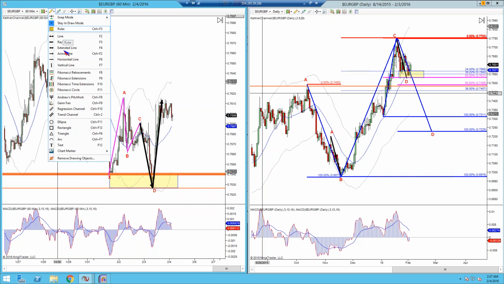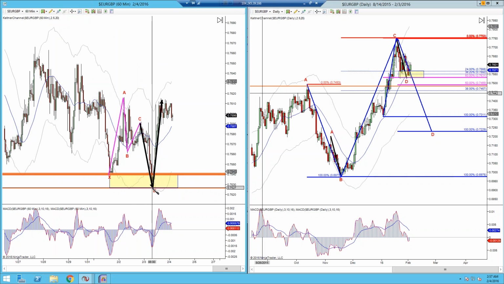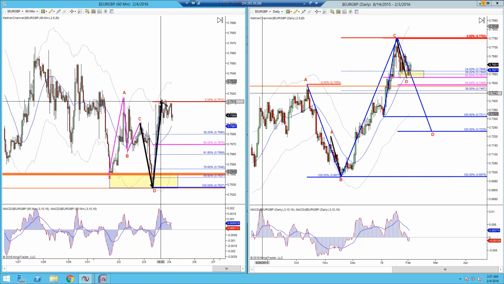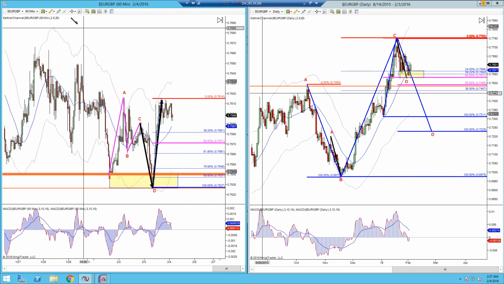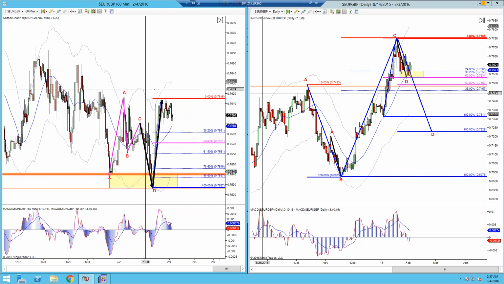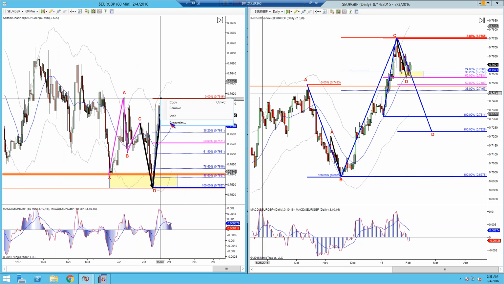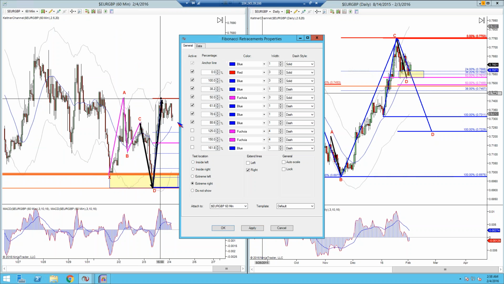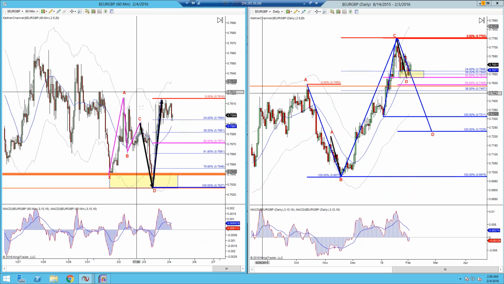We're going to look at retracement from here to here. I'm also going to make this a 24%. 24% right there. And then I'm going to take this also.